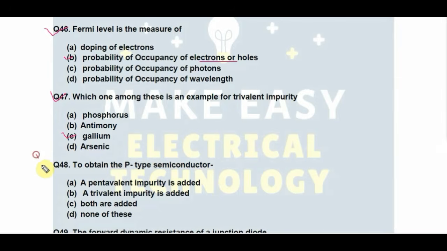In the next question, to obtain the p-type semiconductor we use the trivalent impurity. P-type semiconductor means the number of holes is more, that is trivalent impurity.